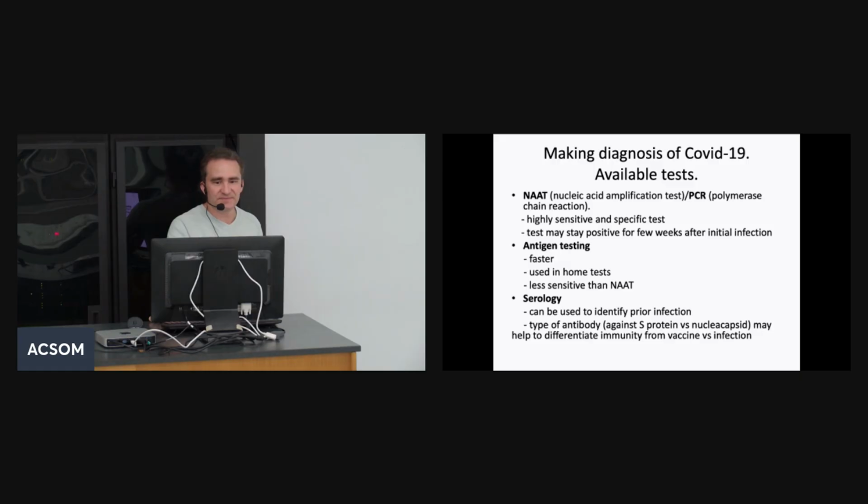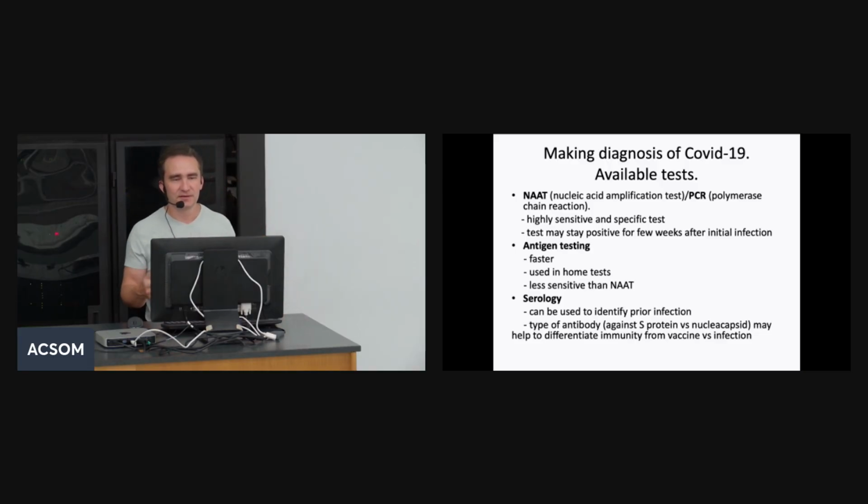It's highly sensitive and specific. You do the swab from the throat or from the nasal cavity, right? And even a few viruses may give a positive test because it will catch the pieces of the virus, and then this gene, like RNA, will get amplified, and then the test will be positive.